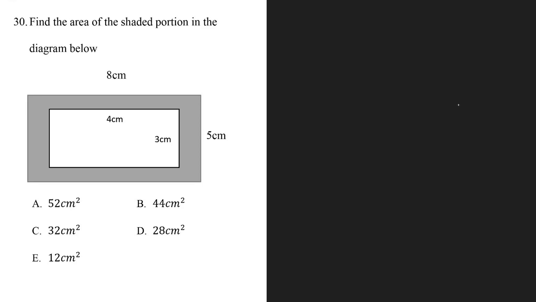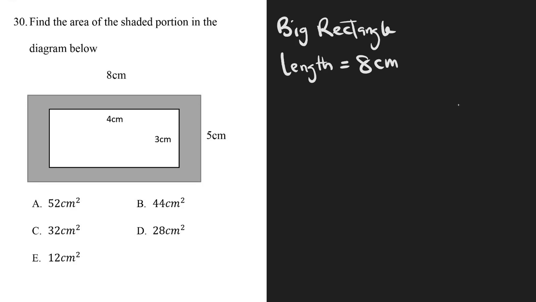So you can see that the diagram has two rectangles. You can see that this one is the length of the big rectangle and this is the width, right? Then this is the length of the small rectangle and this is the width of the small rectangle. So let's understand it. There's a big rectangle. In the big rectangle, we know that the length is 8 centimeters and the width is 5 centimeters.